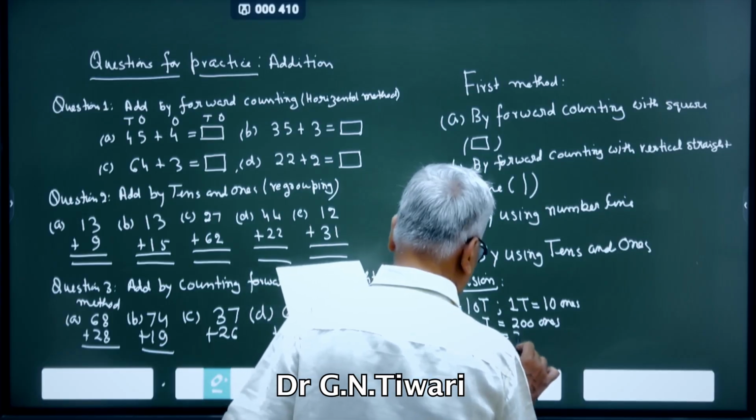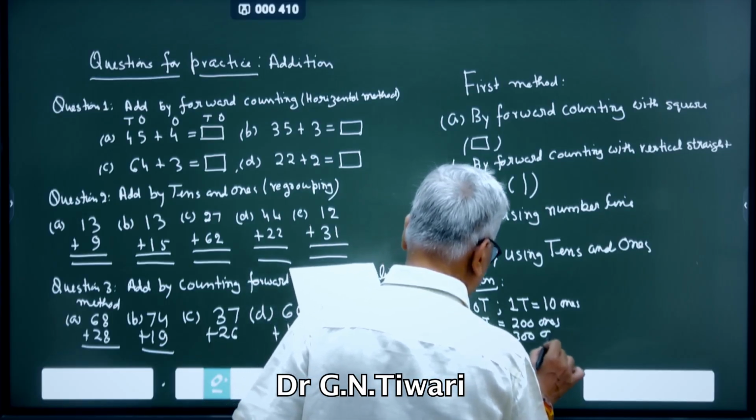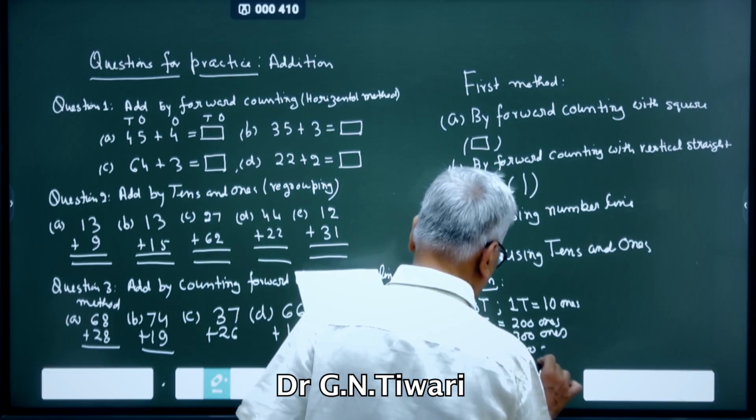This can be 300 ones and this can be 400 ones.